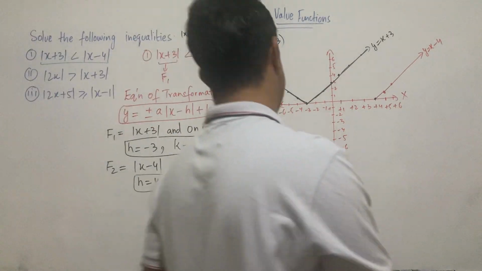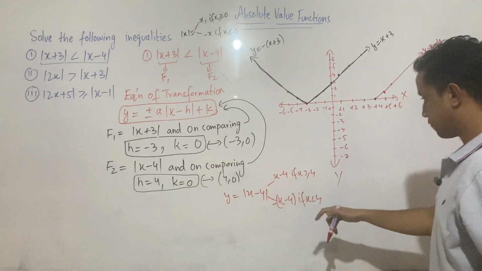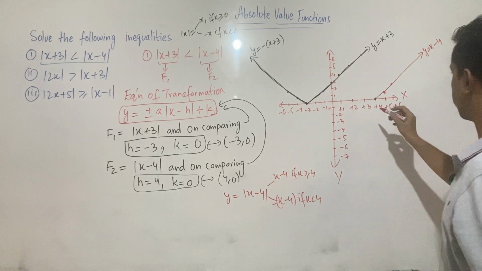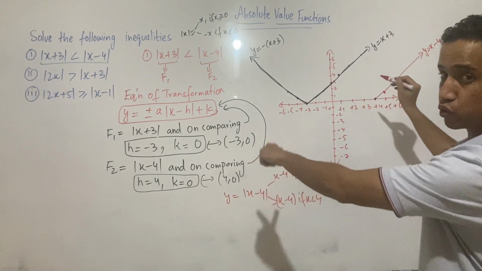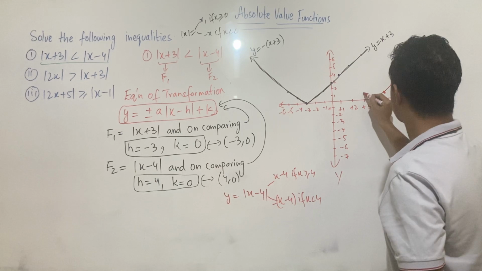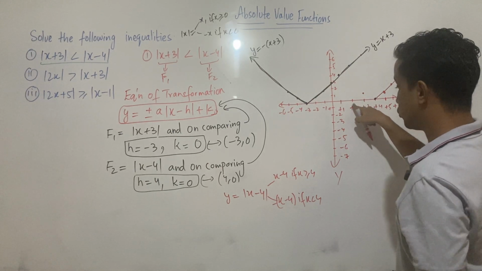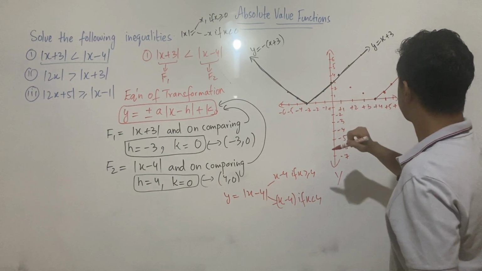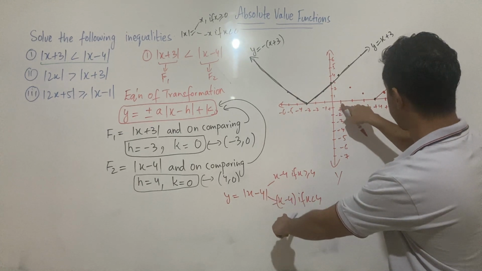Okay, good. Now check for the values to the left of 4. 3 minus 4 is minus 1, absolute value 1. So it's going to be this. For 2, 2 minus 4 gives 2. For 1, it's going to be 3.